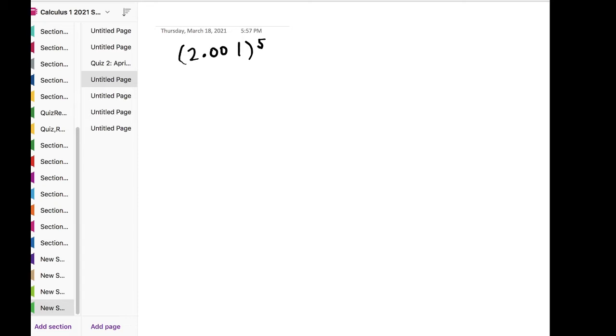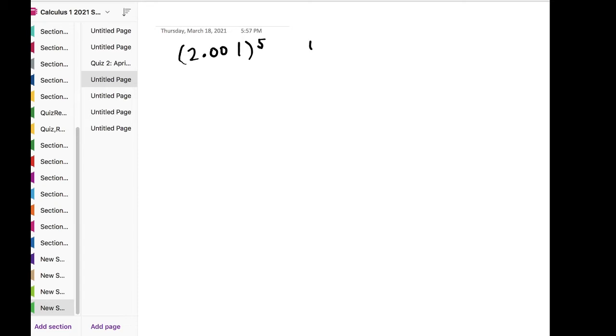So how do you use linear approximation to estimate this? What is your base function to work with, that you'll need to take the derivative of, etc.? X to the 5th, yeah.